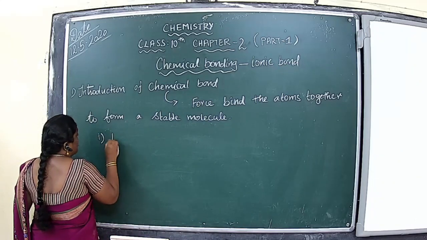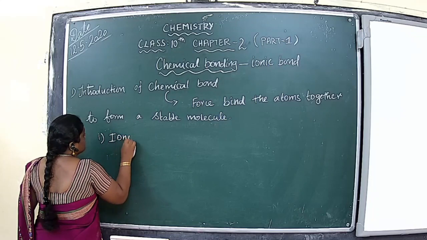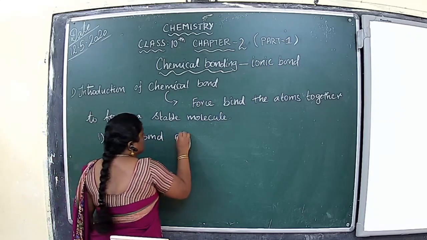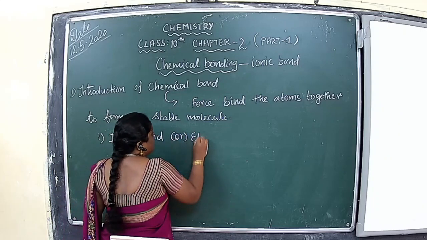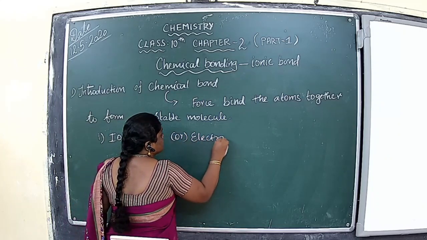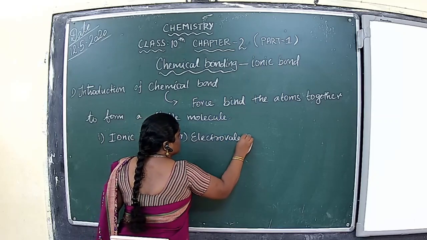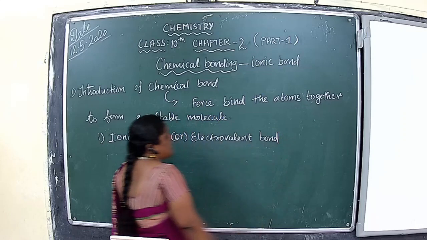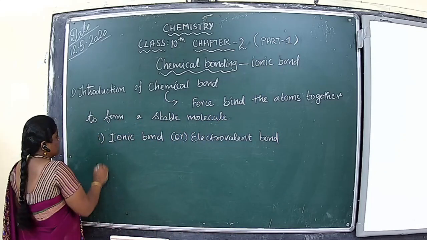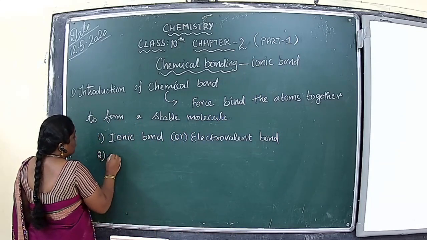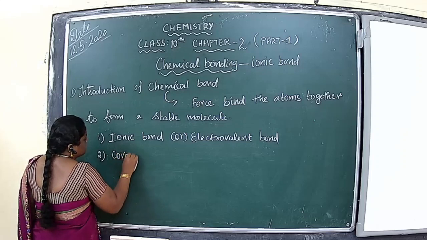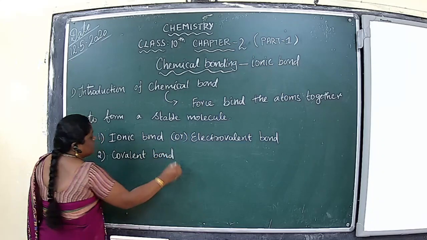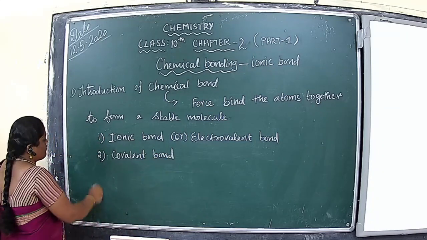One is the ionic bond or electrovalent bond. Second one is the covalent bond.